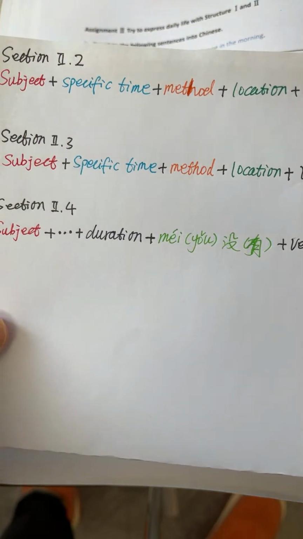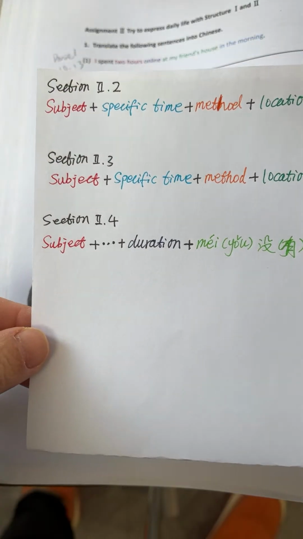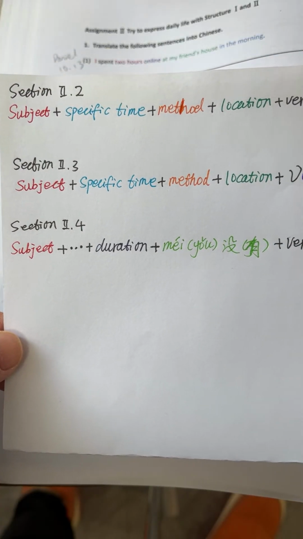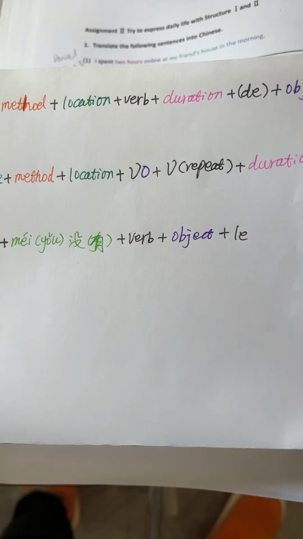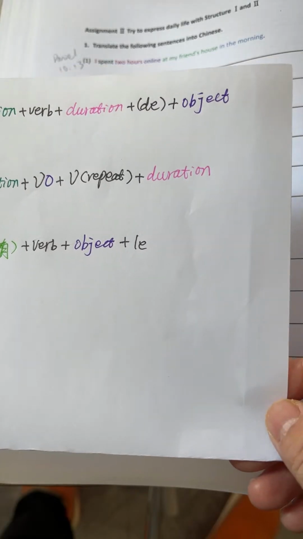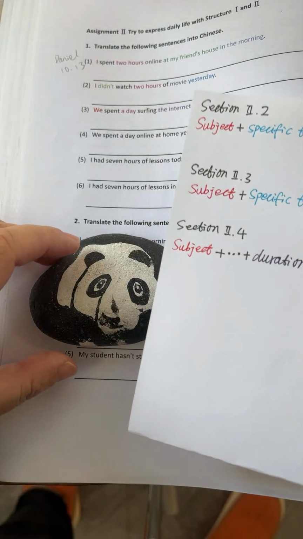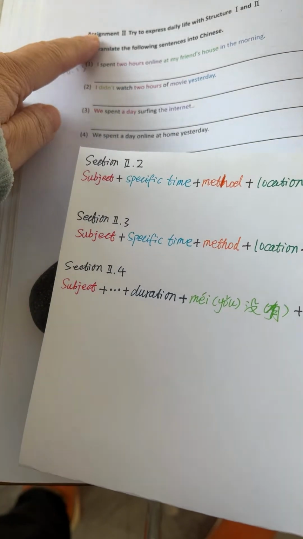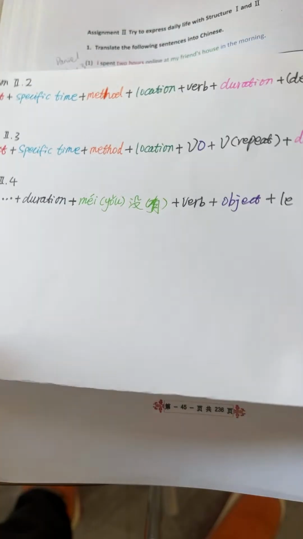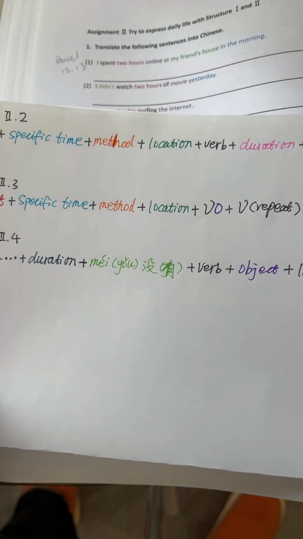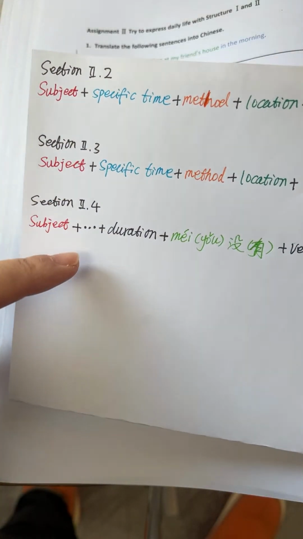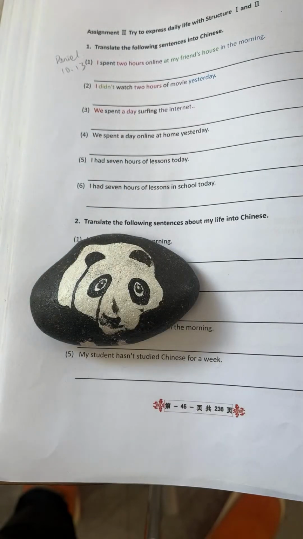Okay, so first, since we need some time to wait for more new students to join our lesson, let's do a revision first. Later, after the revision, we are going to practice assignment 2, which is a mixture of these three structures.